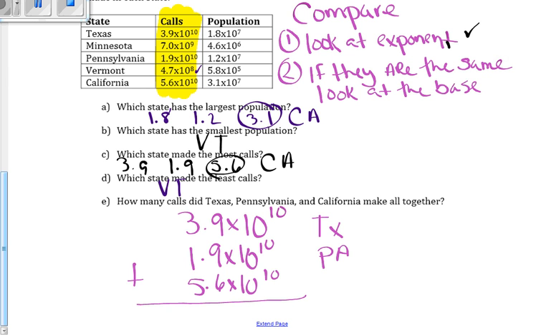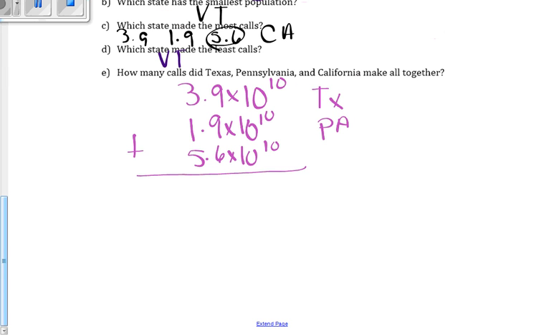And we're going to add all these up. Since they're all the same exponent, we're going to keep them the same. And then we're just going to add up our decimals. So 9 plus 9 plus 6 is 24. Carry the 2, bring the decimal point down. 2 plus 3 is 5. 5 plus 5 is 10. 10 plus 1 is 11.